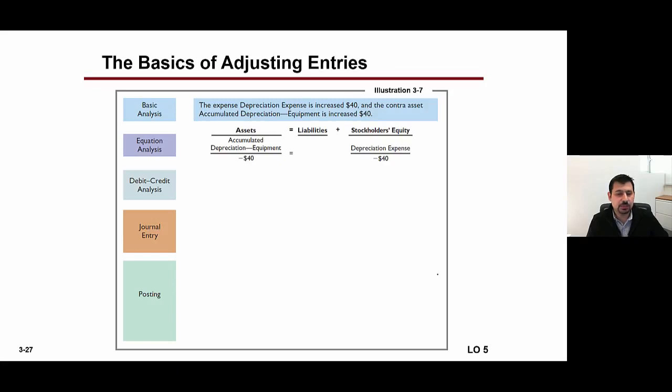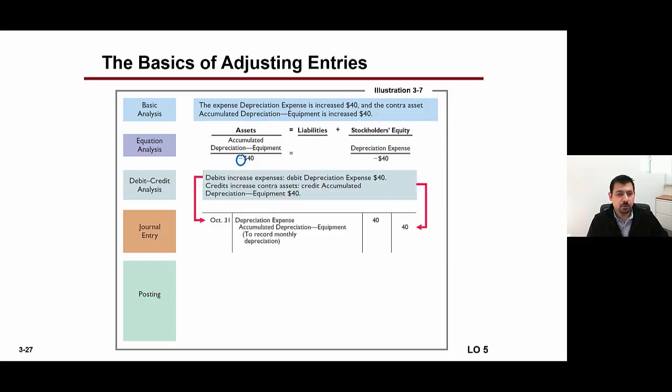This is because it's a contra asset. It's the negative here. Again, it shows that it's a negative effect on assets because it's a contra asset. And then we debit expenses, the depreciation expense, and we credit accumulated depreciation for equipment. This is to record monthly depreciation.